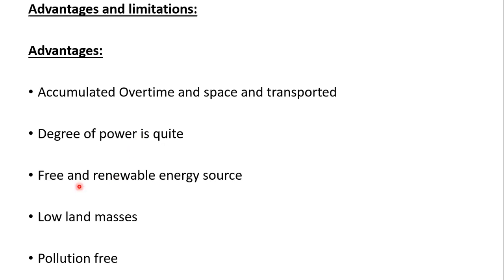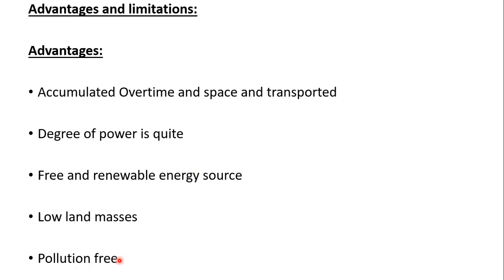Next advantage is that it is a free and renewable energy source. The next one is low land use: wave power devices do not use up large land masses. If you compare this with solar or wind, which use large land masses, this is not required for wave power devices. And the last one is that it is pollution free.